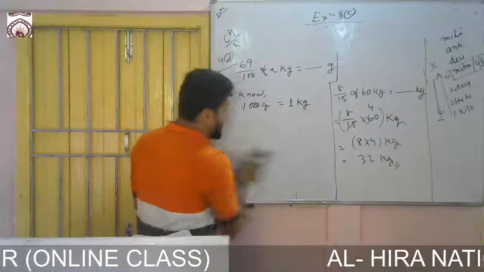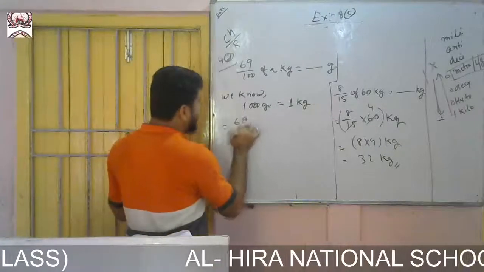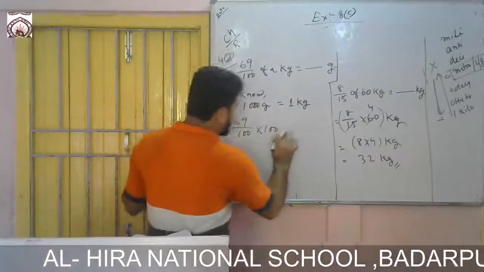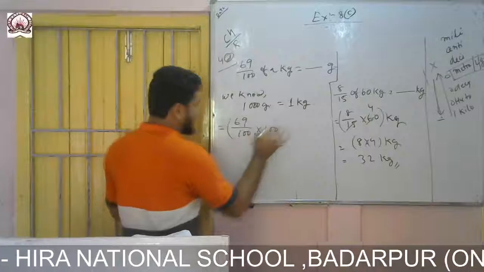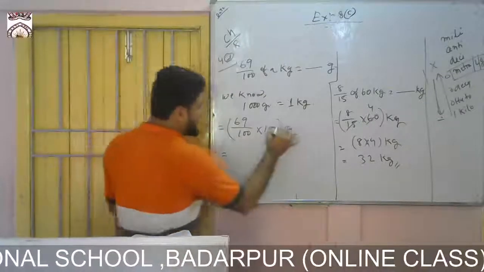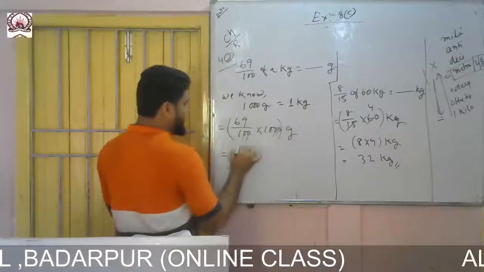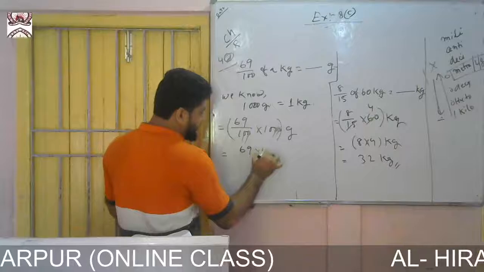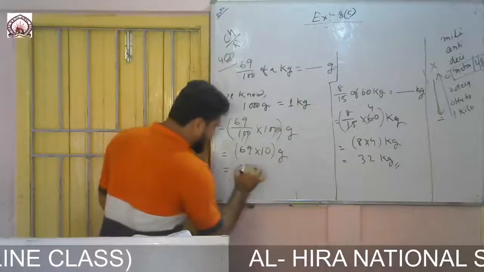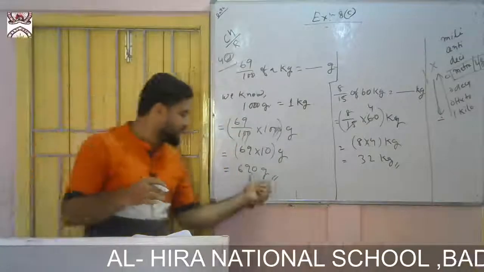Therefore 69 by 100 into 1000 gram. 100 10 times, so remain 10. So 69 into 10. Now it will be 690 gram. If you multiply, then 690 gram.